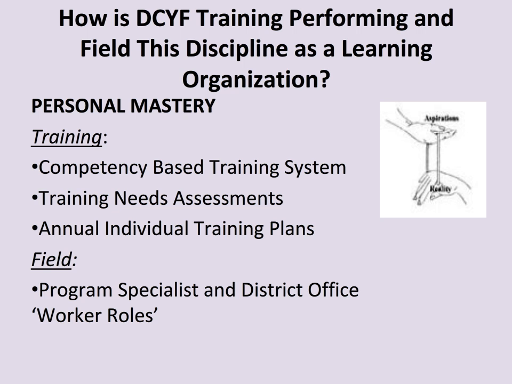For the field, there is the administration level, and then there's the district office level. On the administration level, we have program specialists in a variety of roles. We have an adolescent program specialist that looks for best practice strategies to working with the adolescent youth population in care. Permanency program specialist.